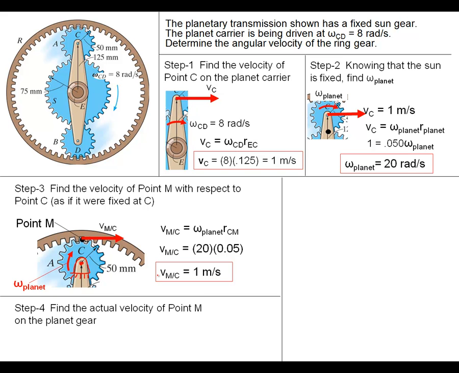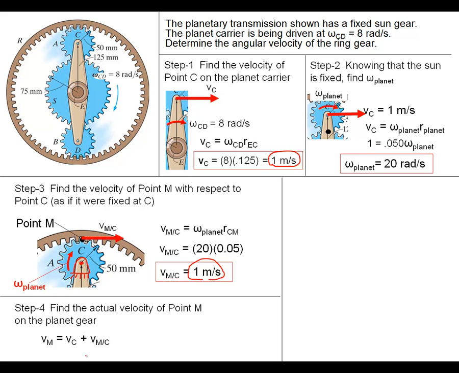Okay, now let's find the actual velocity of point M, because we know that point C really isn't fixed. Point C happens to be moving. Point C is moving at 1 meter per second, and point M is moving at 1 meter per second if C were fixed. So let's do the superposition method.